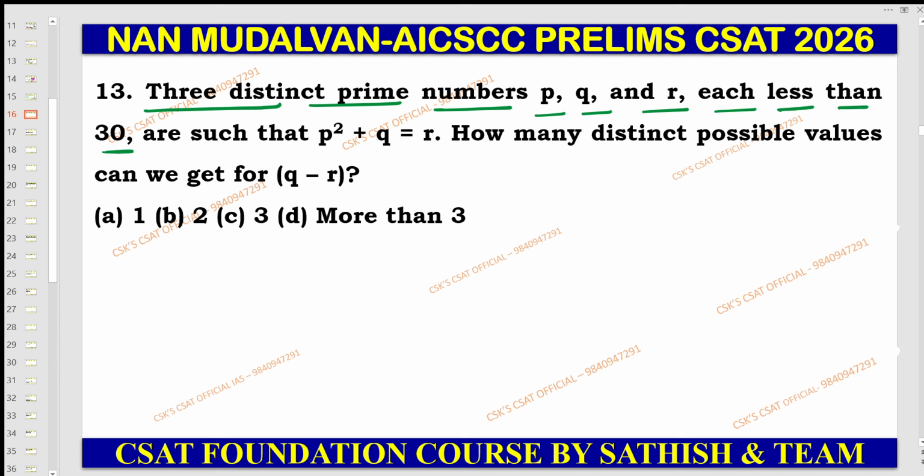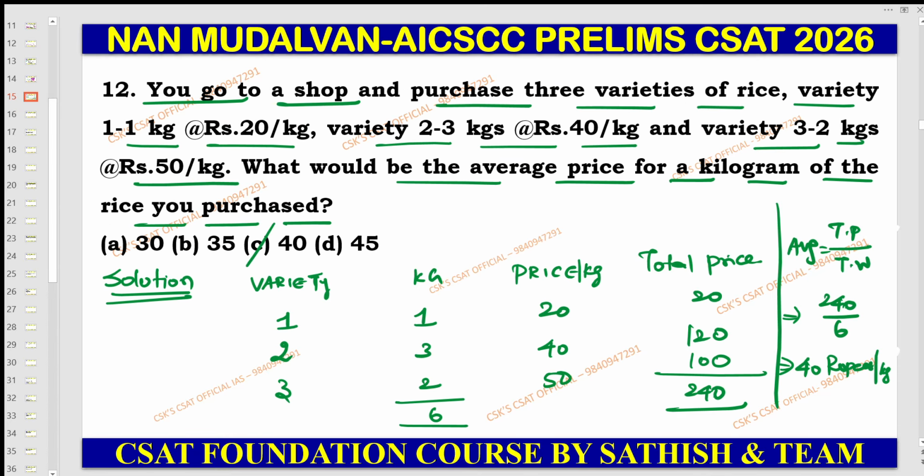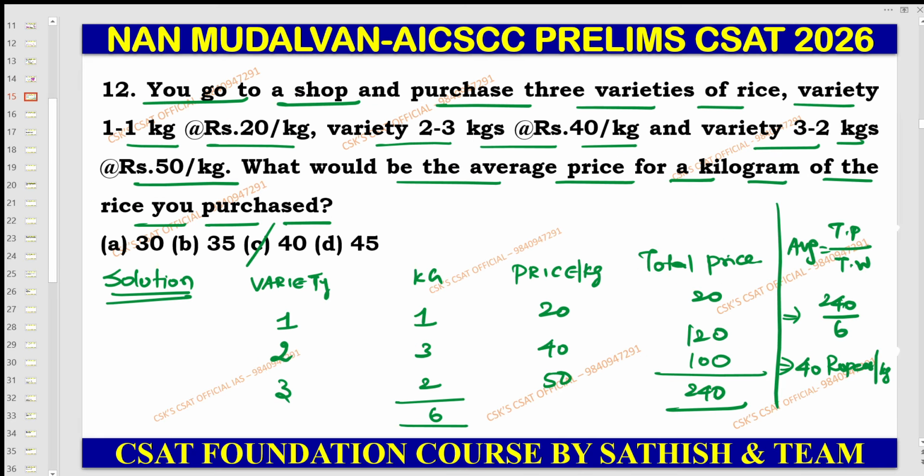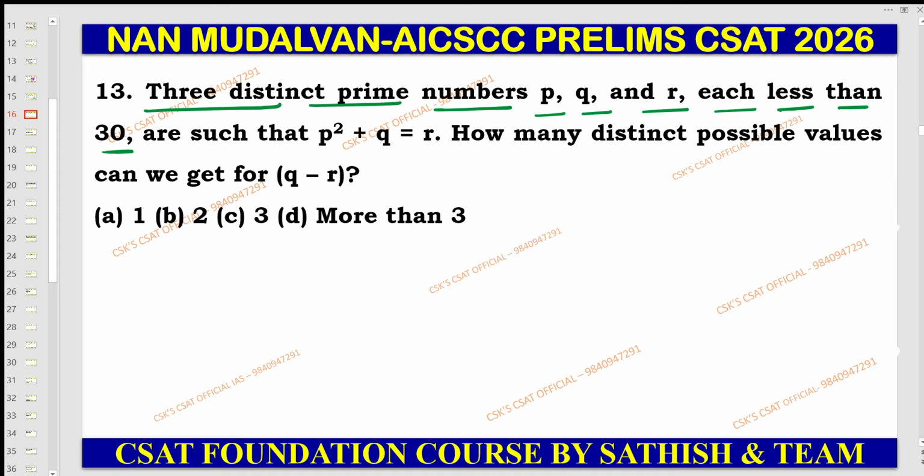Whatever concept I explained here as additional notes can be applied here also, but you have to be very careful. This is also a 2025 model question. How many distinct possible values can we get for Q minus R? Similar question.